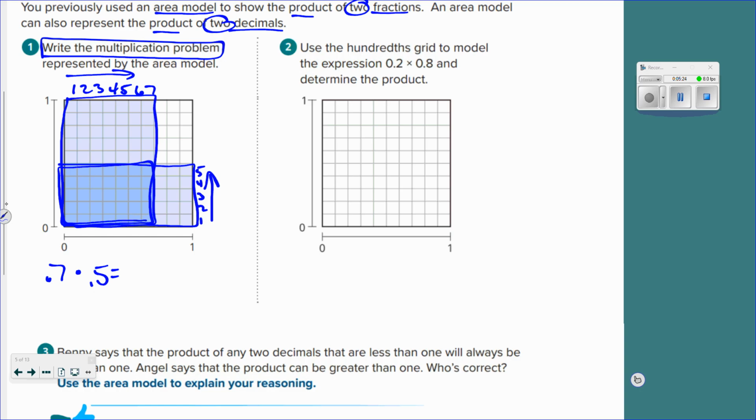Count how many are in there? 35. But it's 35 out of how many? 100. So 0.35. Does that make sense? Yes.